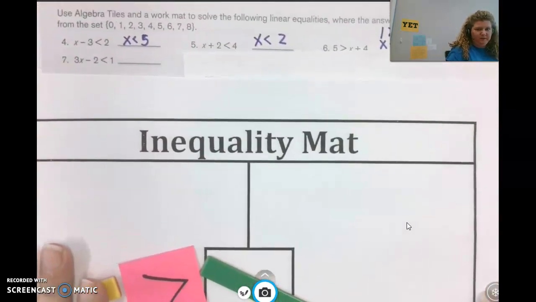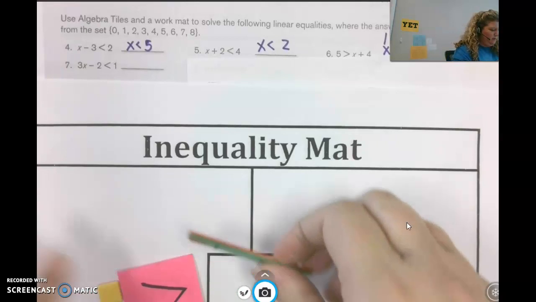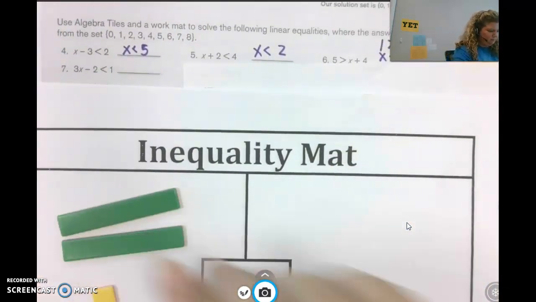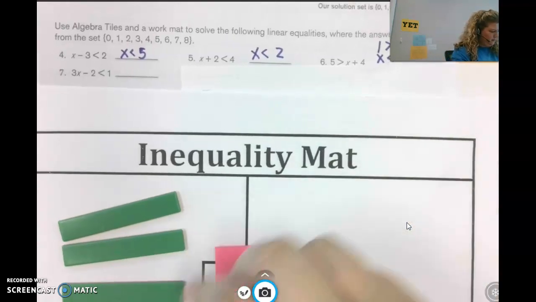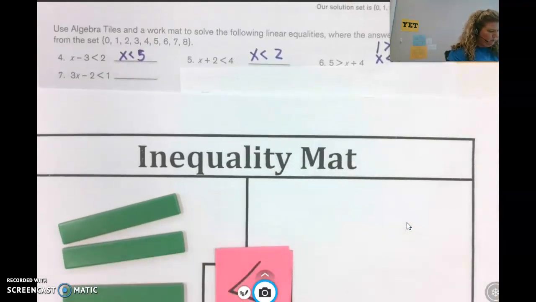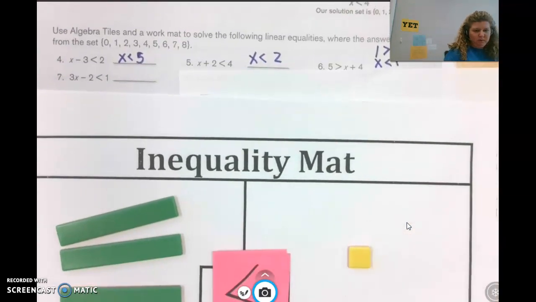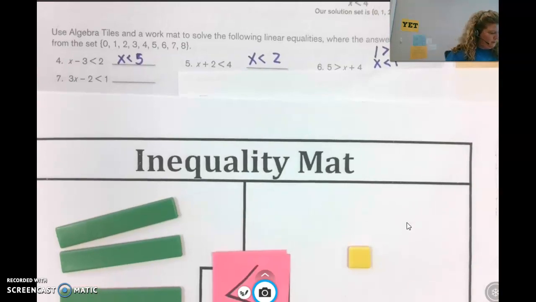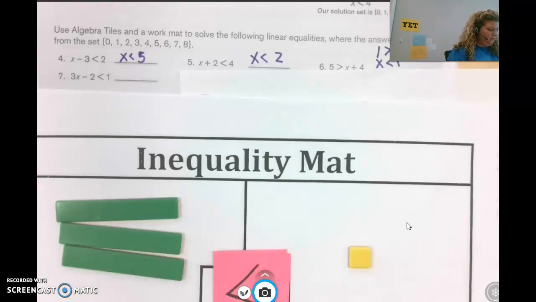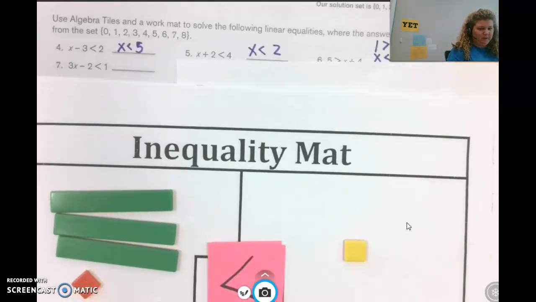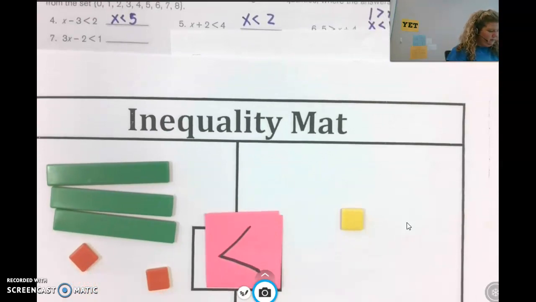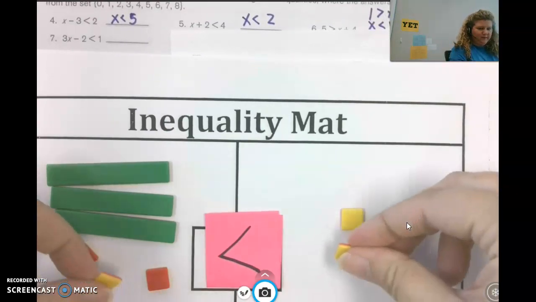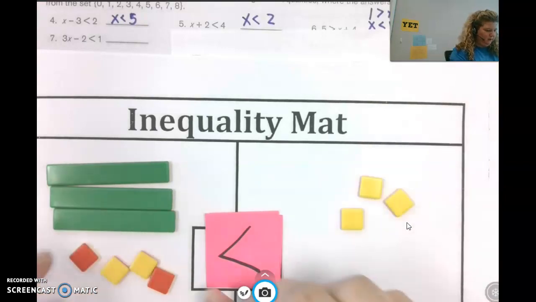Okay, now we'll move on to the next one. We have 3 x's, 2 negatives, less than 1. So let's see, right here, I don't have 2 negatives to take away. So instead of taking away 2 negatives, I would need to add 2 positives to each side.